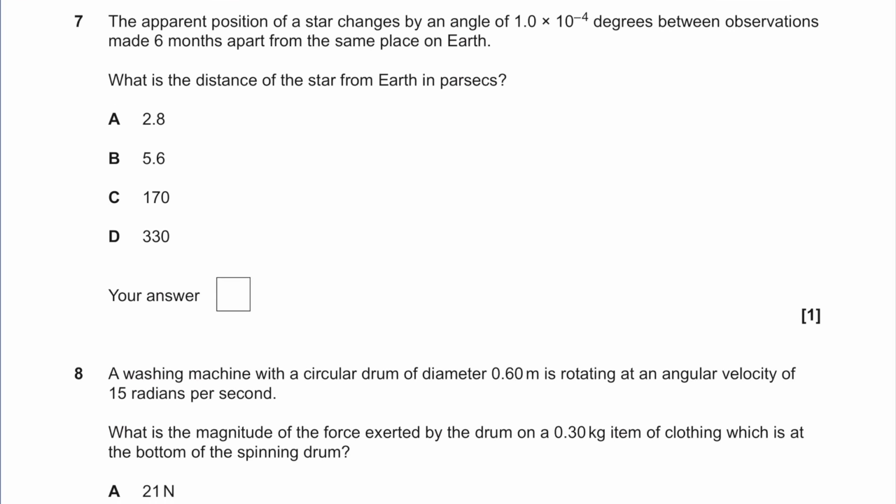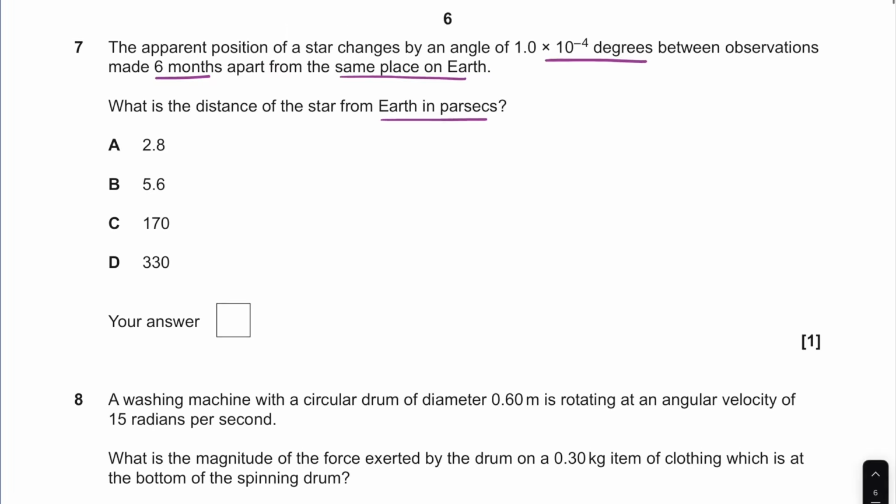The apparent position of a star changes by an angle of 10 to the minus 4 degrees between observations made 6 months apart from the same place on Earth. What is the distance of the star from Earth in parsecs? Okay, so let's just imagine that you have basically the sun over here and the Earth here, and 6 months later it's over here.